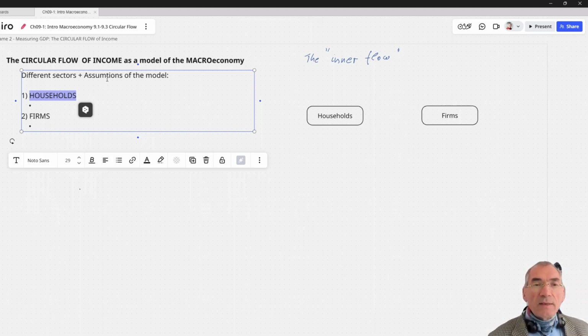The assumption is that in fact it's us, it's the people, the households that own all production factors at the end.